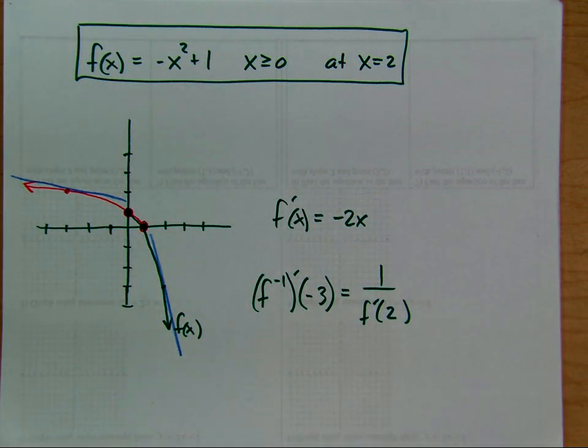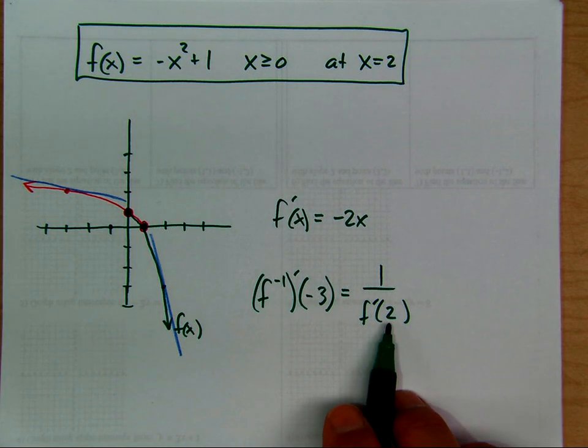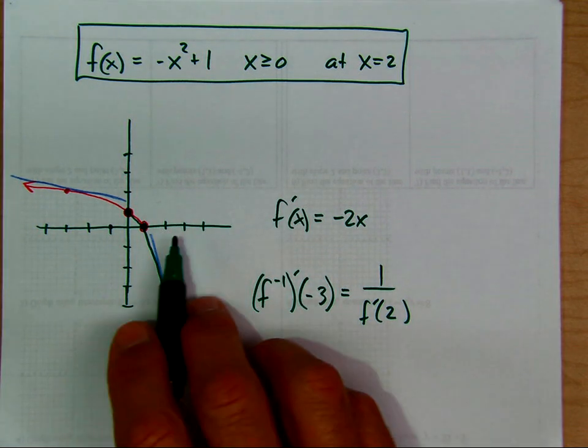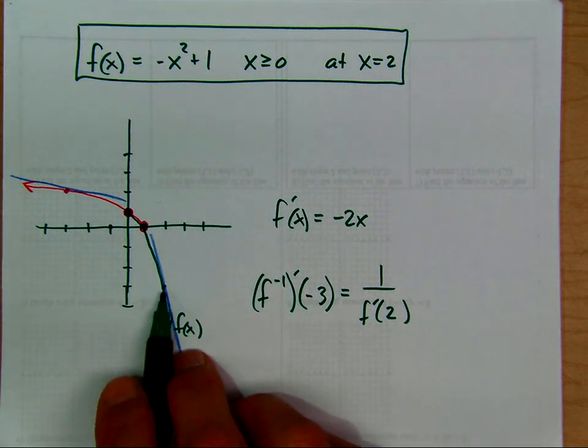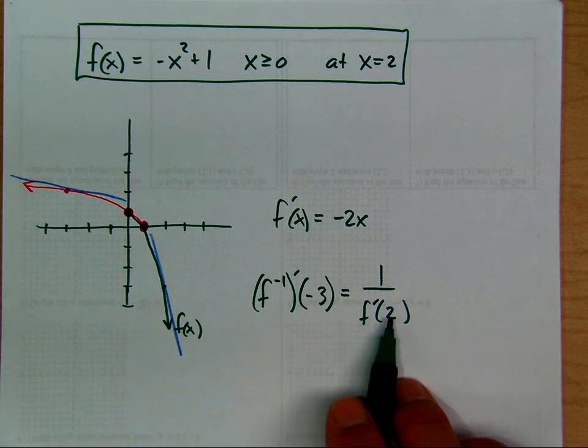So we want to make sure that we have this x value being the slope of the tangent line, and then we have to use that.